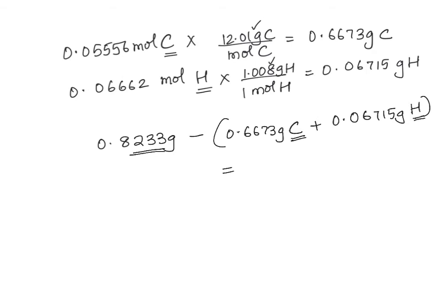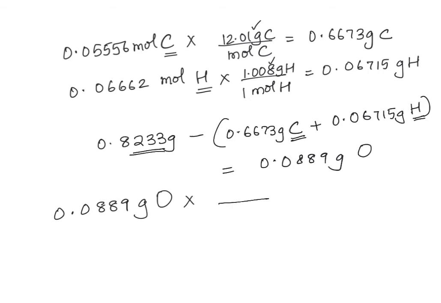Rest of it is oxygen, which will be equal to 0.0889 grams of oxygen. Convert that to moles of oxygen. 16 grams of oxygen is 1 mole of oxygen, which gives 0.00556 moles of oxygen.